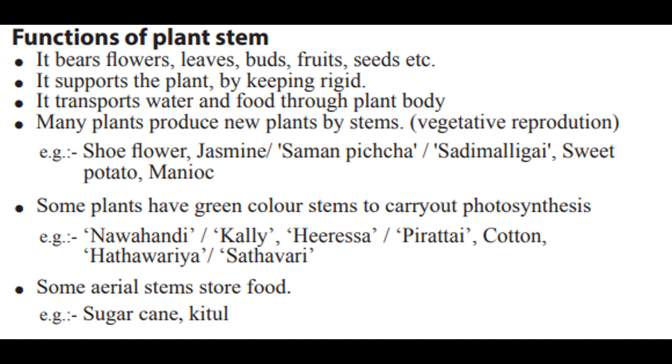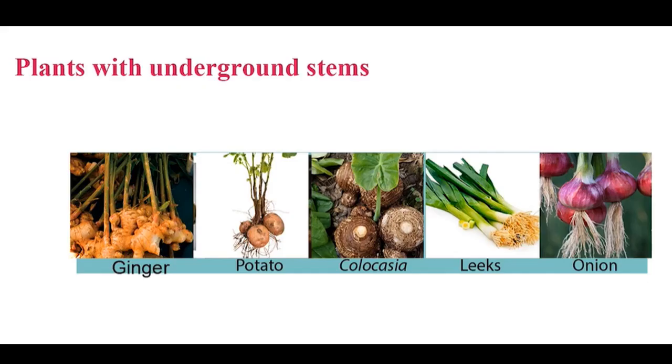Now we are going to discuss one main important topic under plant stems. That is plants with underground stems. What is the meaning of underground stems, children? Now, normally you all know a plant has two main parts, right? There's a part of the plant that remains underground.